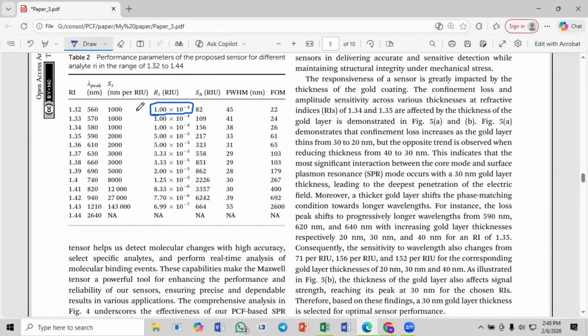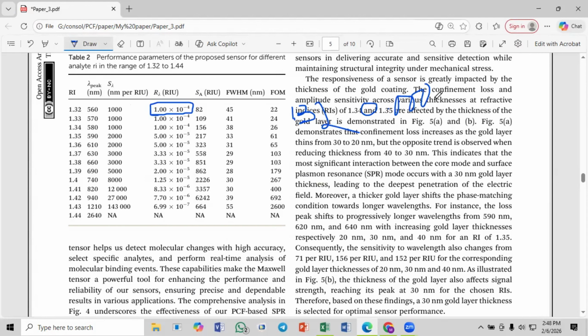It's telling us that for 1.32 refractive index, a change of only 0.0001 in refractive index can be sensed by the sensor. So if the resolution is low, it can sense very small changes.